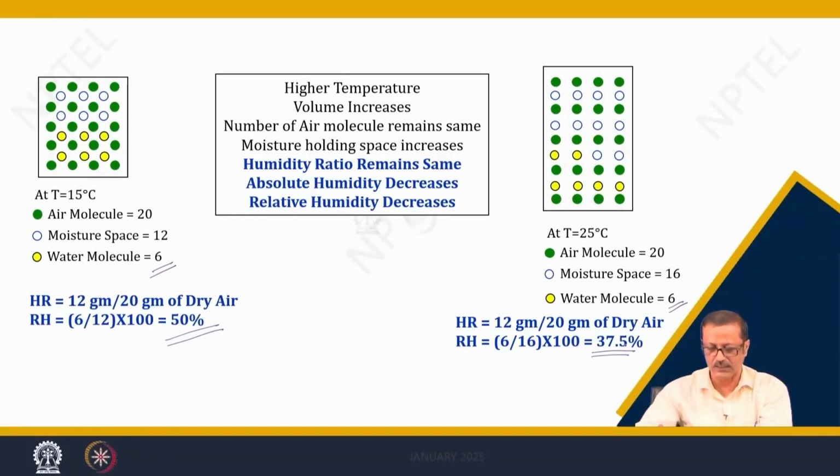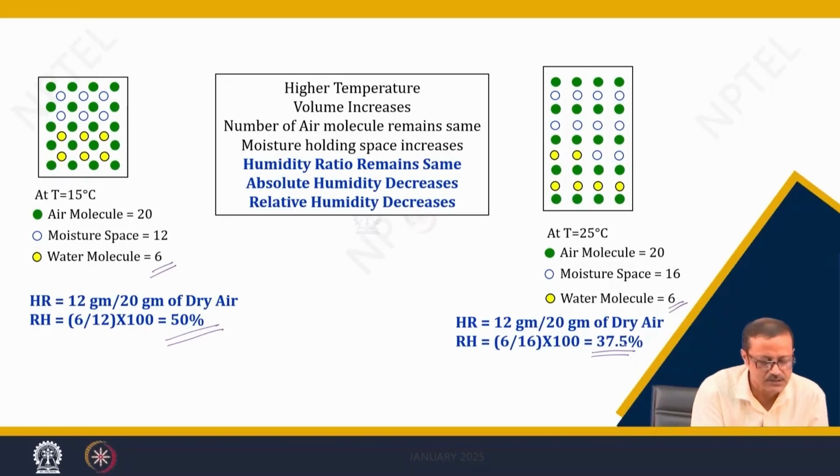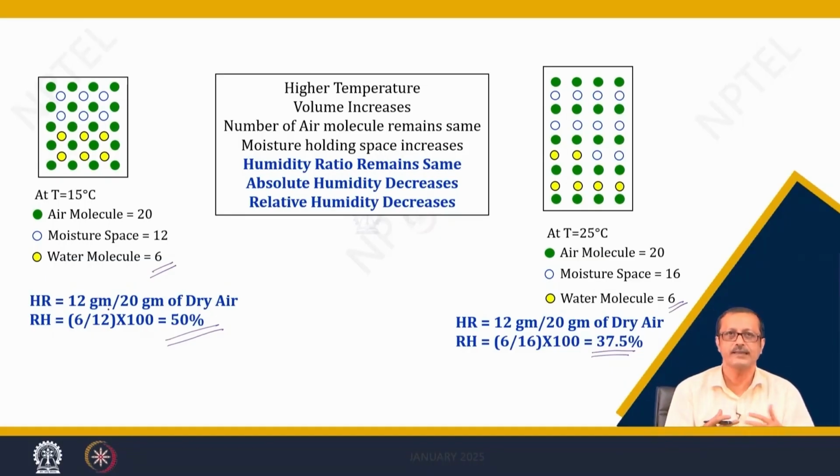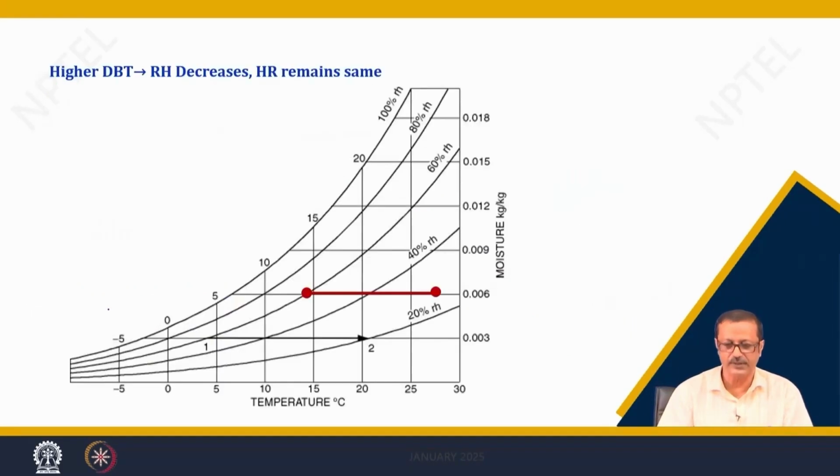The RH, or relative humidity, is decreasing. But we have the same humidity ratio, because we have 20 grams of dry air versus 12 grams of moisture, here also at 15 degree, the other side also 15 degree. But the RH decreases because you now have more space to fit in. That is one of the very important things.